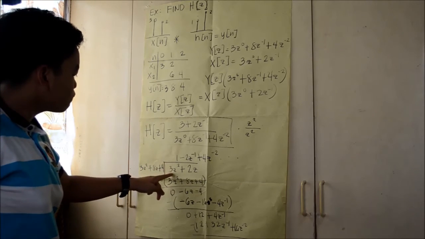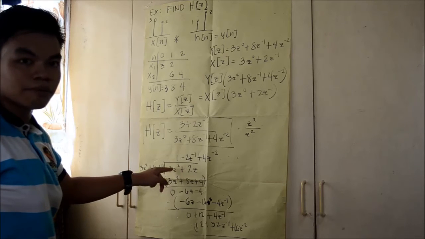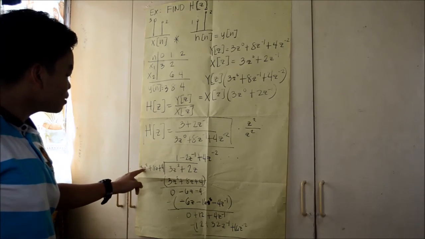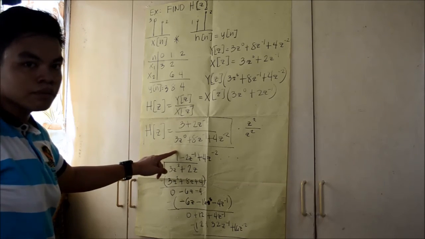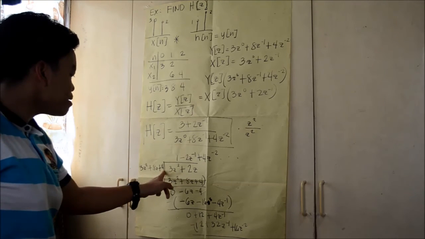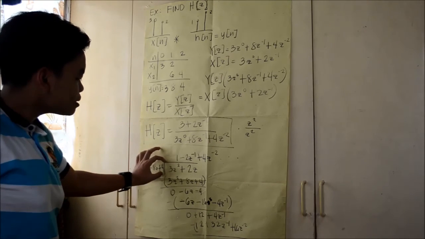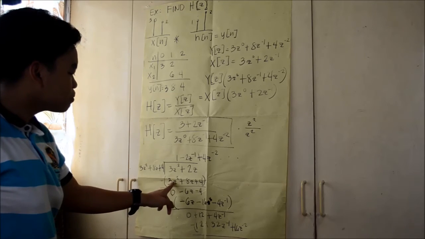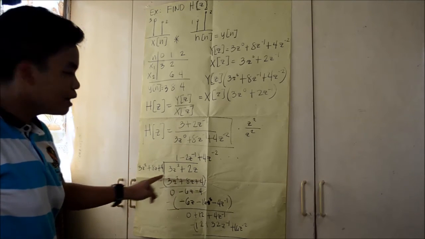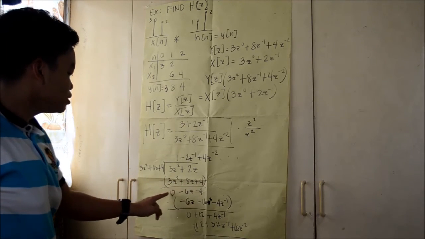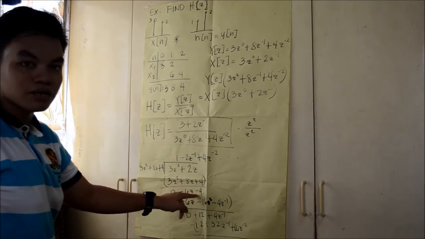Then the first term, we will be dividing the first term. 3z squared over 3z squared is equal to 1, times this again. This expression will become 3z squared plus 8z plus 4, negative. So 0 minus 6z minus 4.